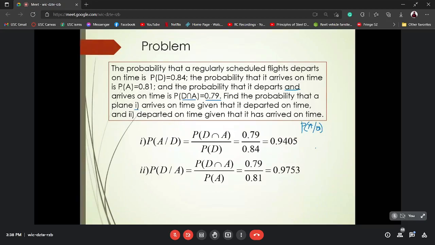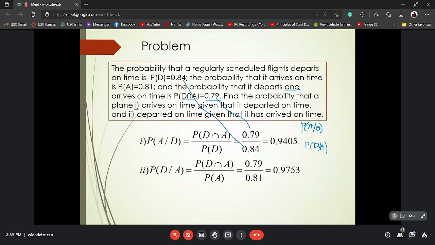Number two, what is the probability that it departed on time given that it has arrived on time? So this is now the probability of D given A. For letter I, we solve it as the probability of D intersection A divided by the probability of D, which is just a matter of substituting values.